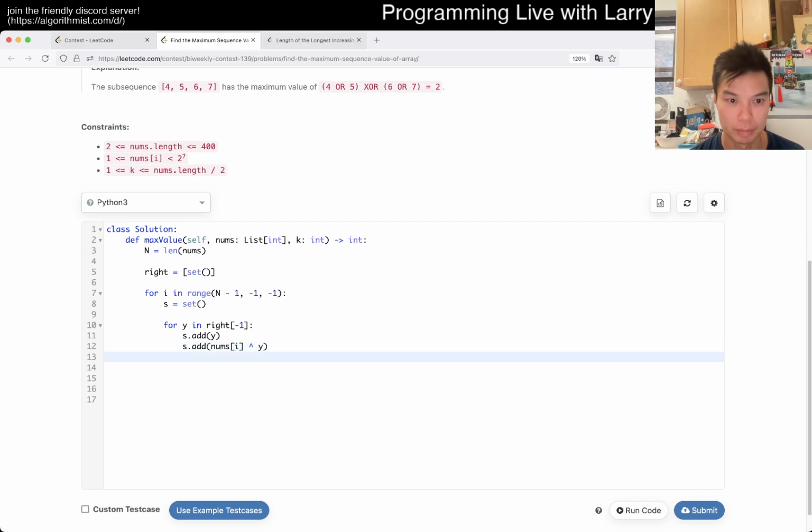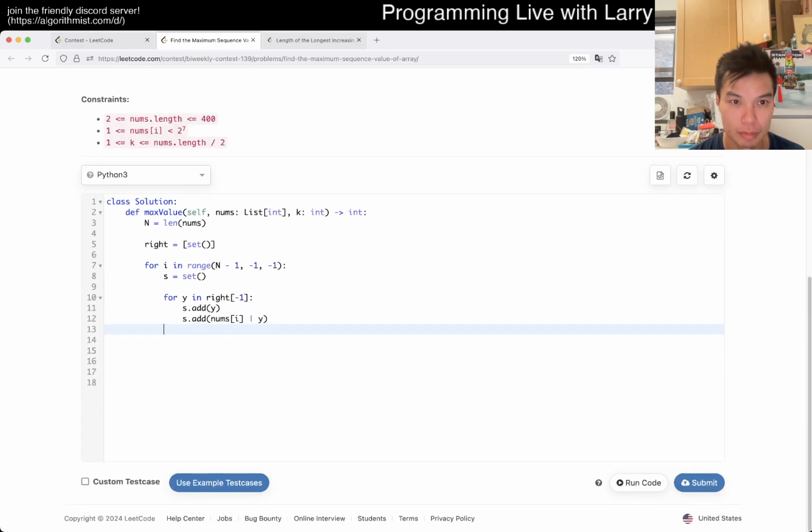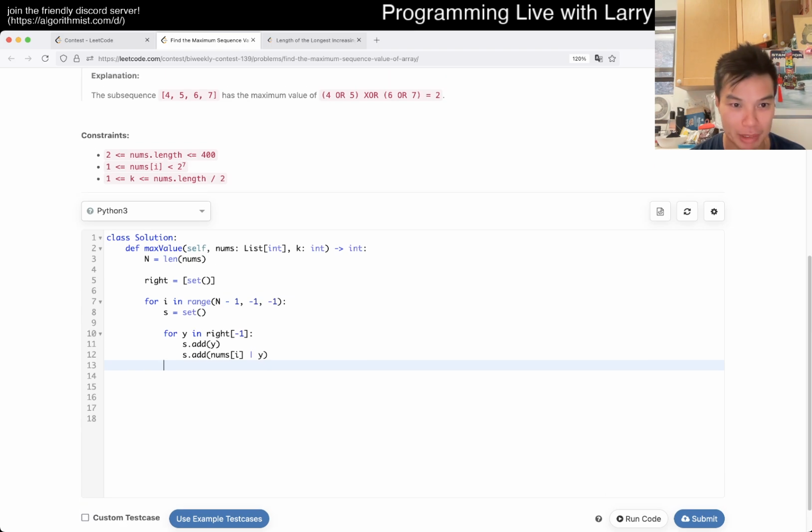Are you going to do a bitmask to make it faster? But okay, fine. Right.